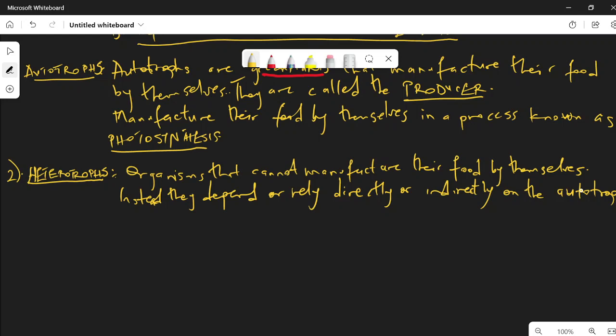So this is going to make us talk about the types of heterotrophs that we have. Or let me not say types, let me use examples of heterotrophs.